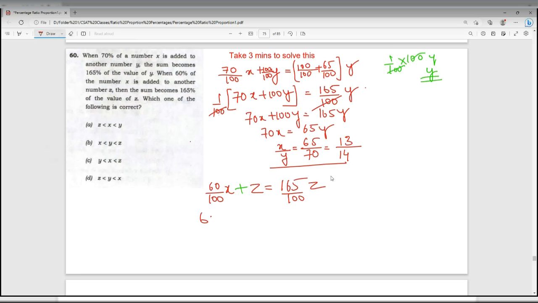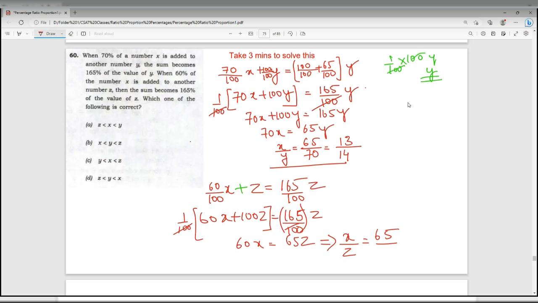And then again, if you take 1/100, 60x plus 100z is equal to 165z by 100. Sorry, so 100 gets cancelled, and this is 60x is equal to 65z. This implies x by z is equal to 65 divided by 60, which is 13 by 12.